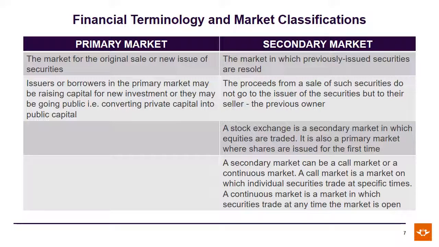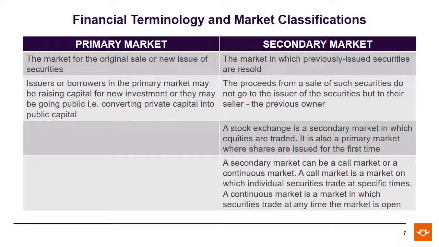When we look at the secondary market, on the other hand, this is the market in which previously issued securities are traded. So shares are bought and sold. So now, if we look at a company like Anglo American, their shares are traded in the secondary market. And the proceeds from these sales do not affect the book value of the company.